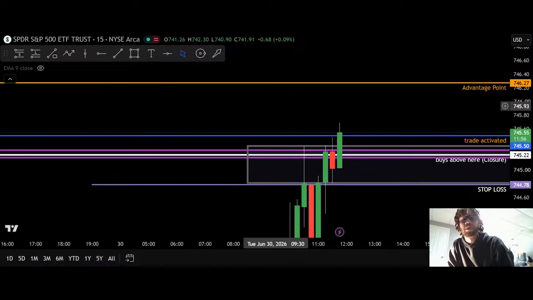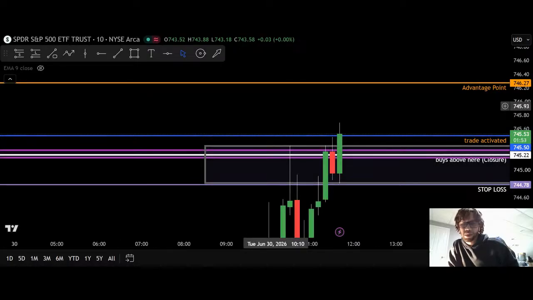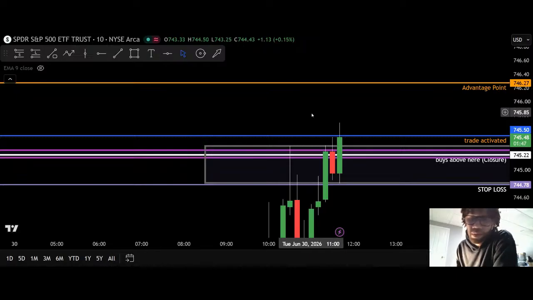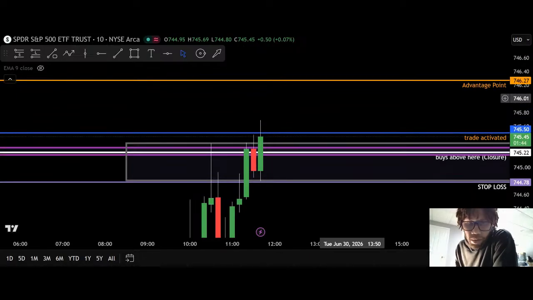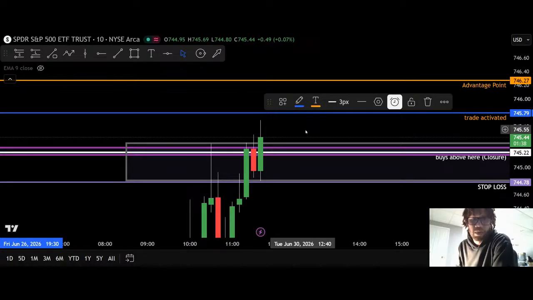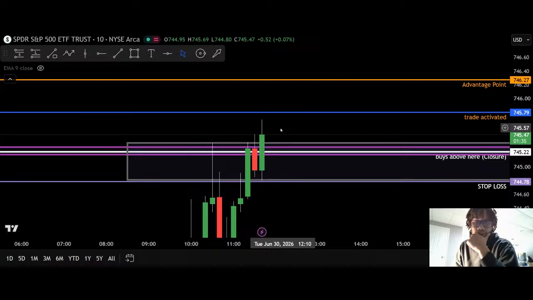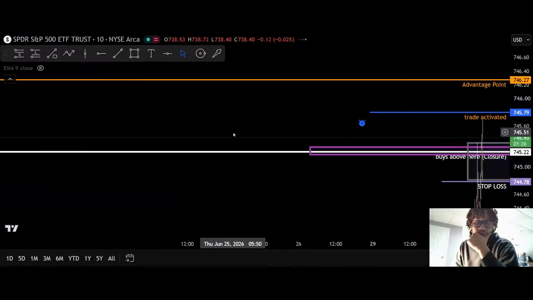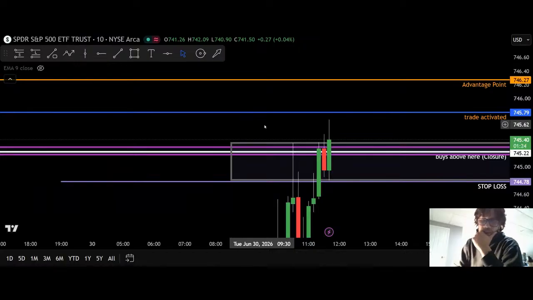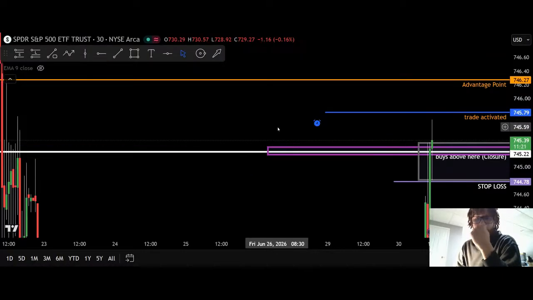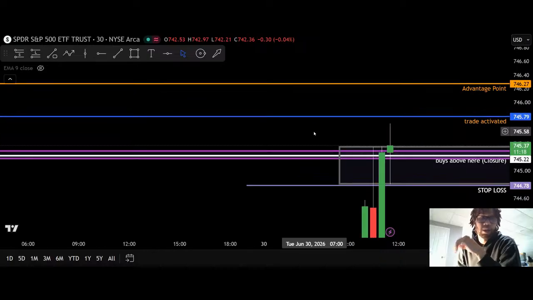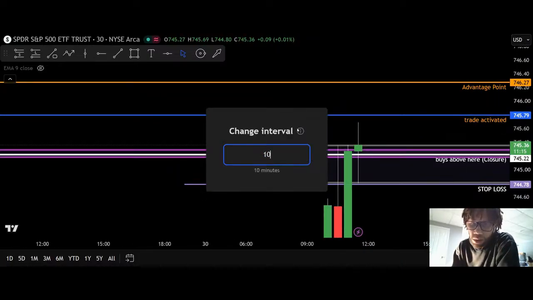A 15-minute open with no bottom wick. I have not entered a position just yet.